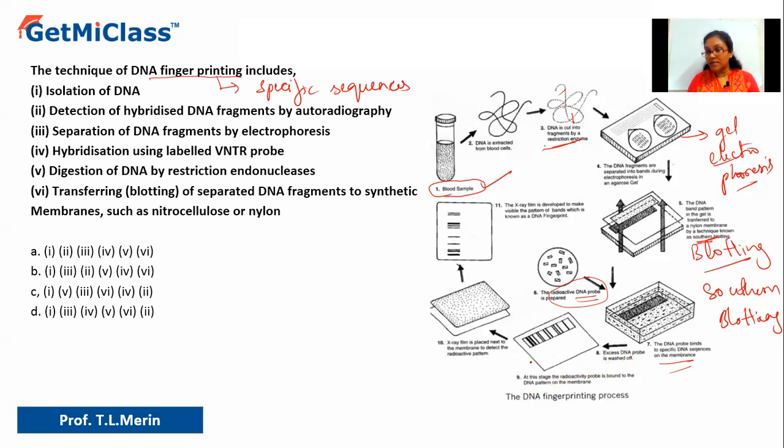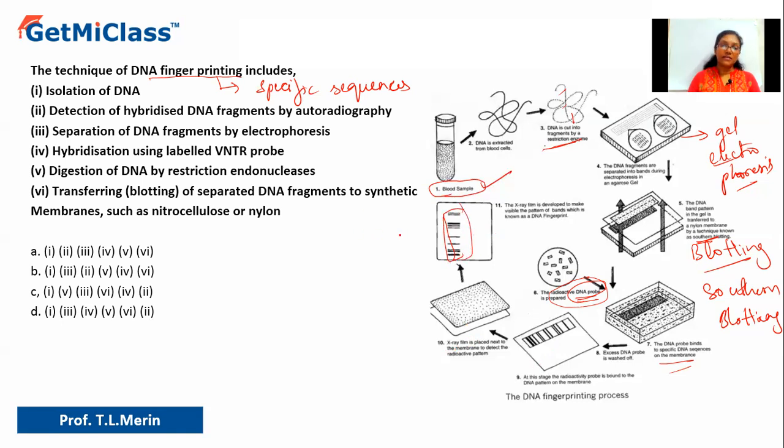Because these probes are radioactive, they help in identifying the specific bands of the DNA of the sample, since they emit radiation. Then this sheet is subjected to X-ray, and an X-ray film is obtained where you can get the exact pattern of the bands.